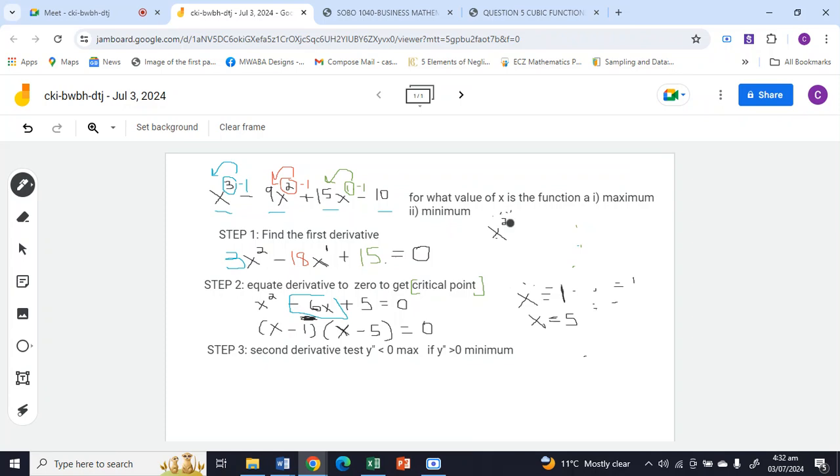Now this is where you have to be careful to group them properly so that you can factorize. So x squared minus 1x, I'll put the 1x because this one has also got a 1, so they'll be easy to factorize together, minus 5x, plus 5.